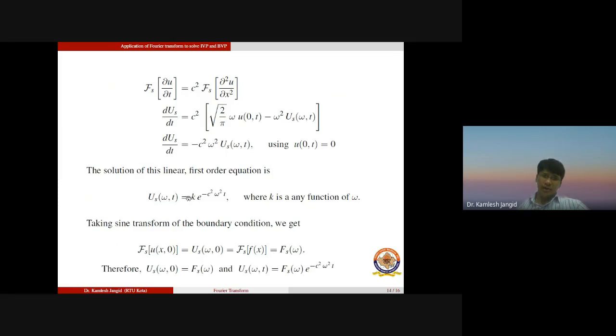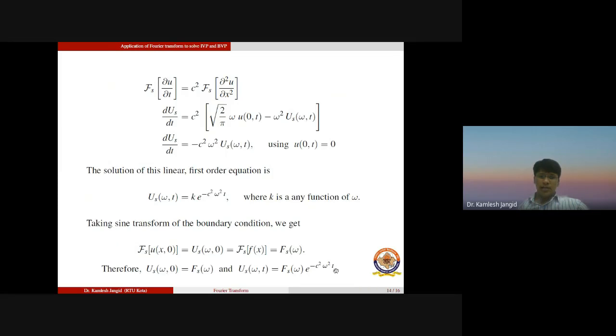Now to find the value of k, we use the given initial condition, and we take the sine transformation of it: the Fourier sine transformation of u(x, 0) is u_s(ω, 0) = f_s(ω). Putting t = 0, we get u_s(ω, 0) = f_s(ω), and therefore u_s(ω, t) = f_s(ω) e^(−c²ω²t).